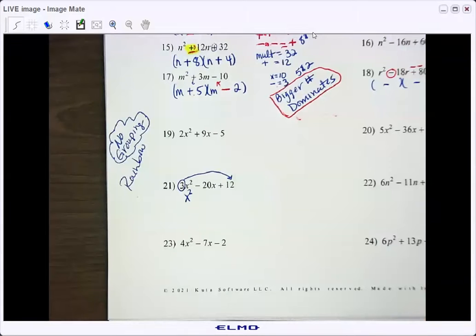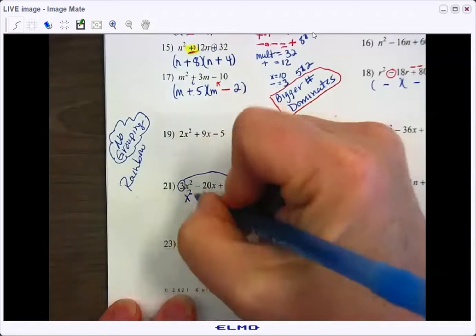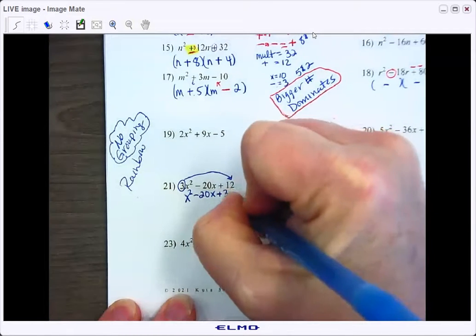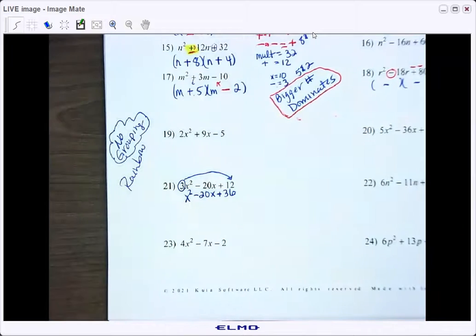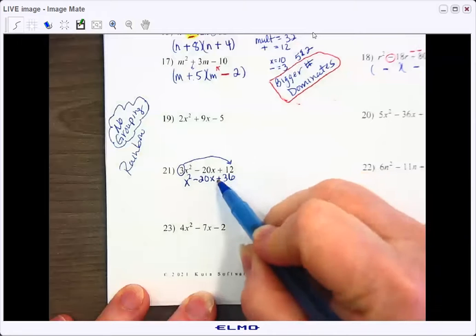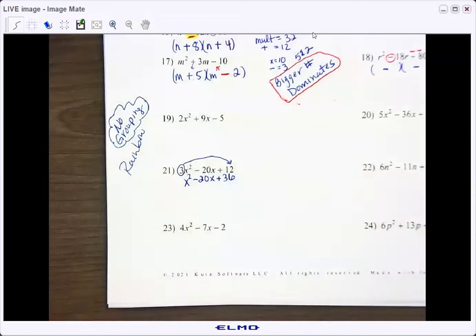Okay, good. Yeah, awesome. The 20 does not change. It stays right like it is. Plus 36. Okay. So now I'm looking at my factors of 36 that add to give me 20. This one is one that we don't think of too often.